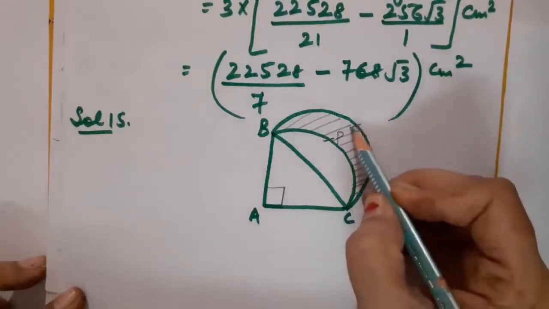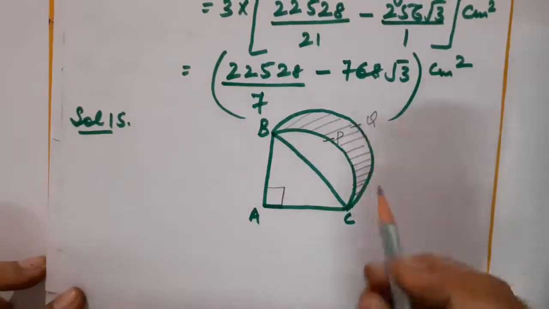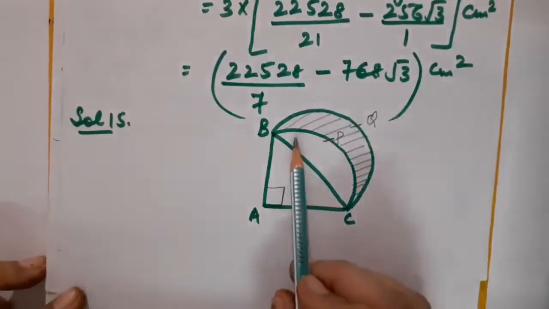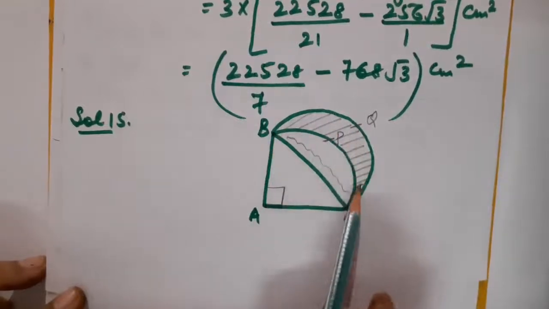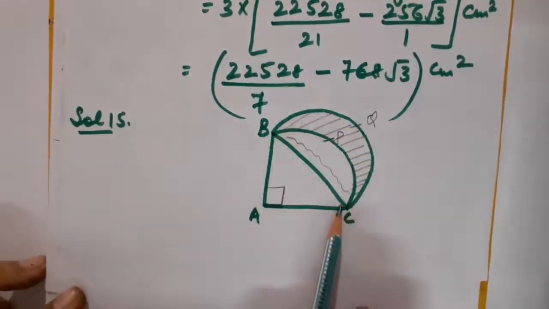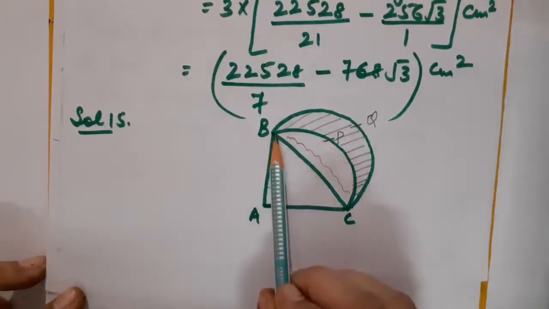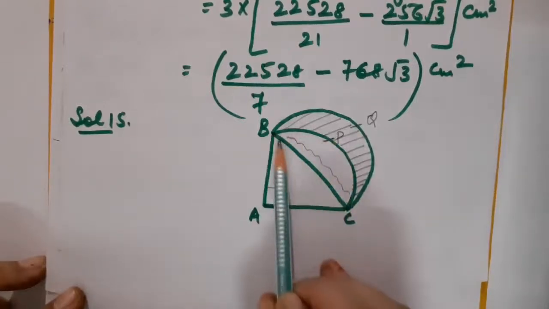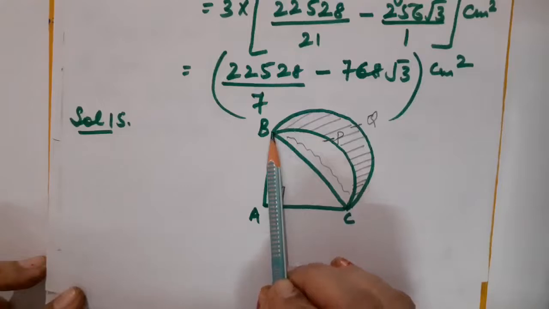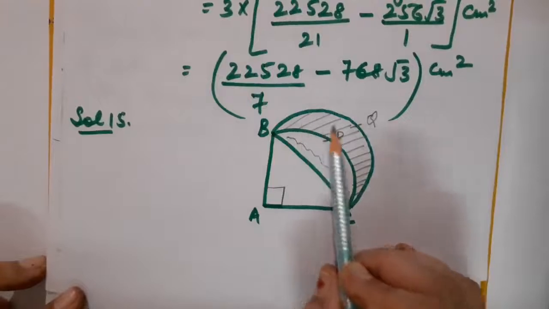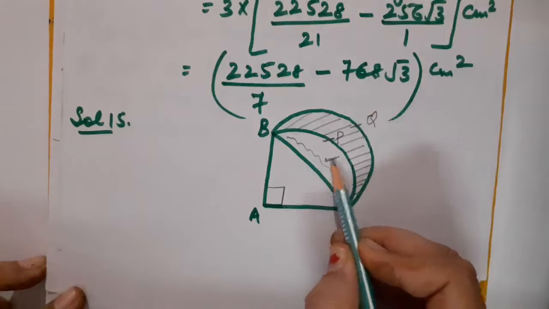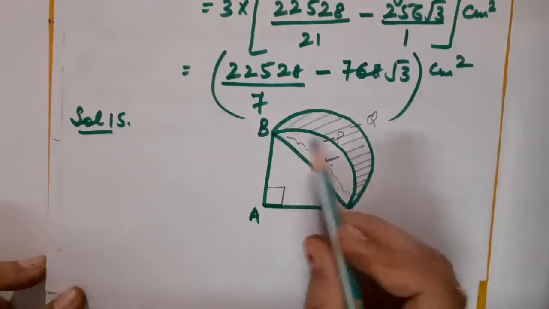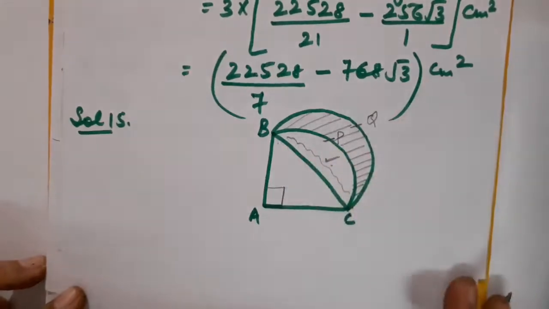Suppose here I give the name Q. If I subtract this segment, that is BPCB, from the semicircle BQCB, then I can easily calculate the area of the shaded region. So first of all, I want the area of this segment, that is BPCB. What is to be done for that?